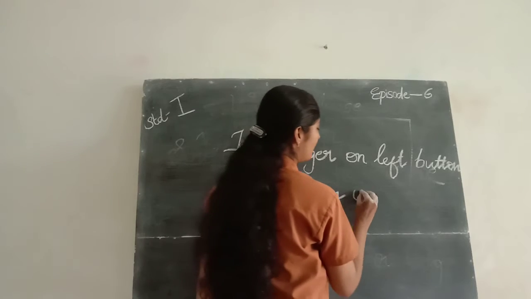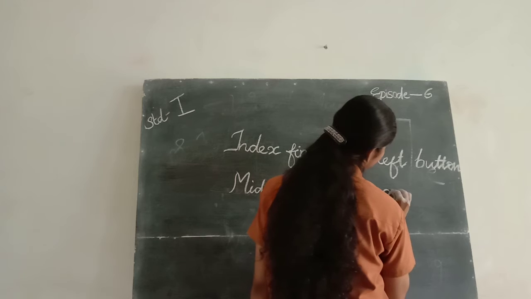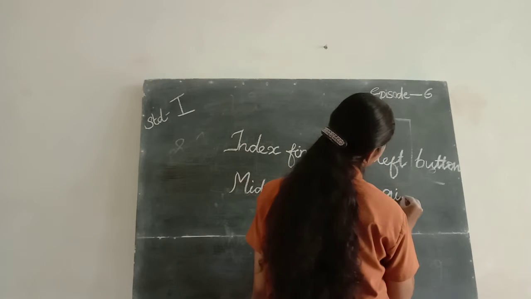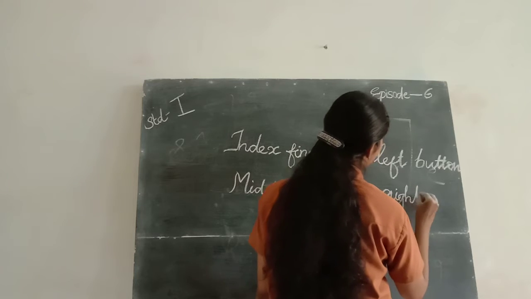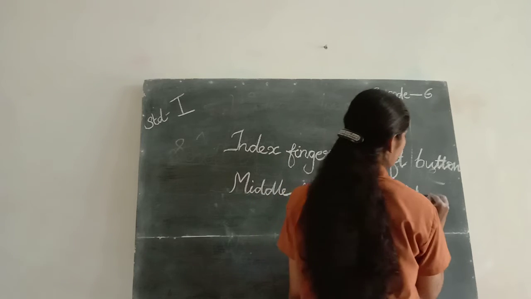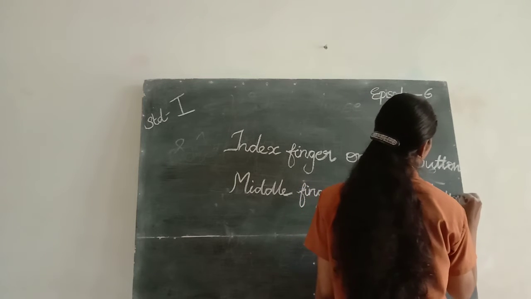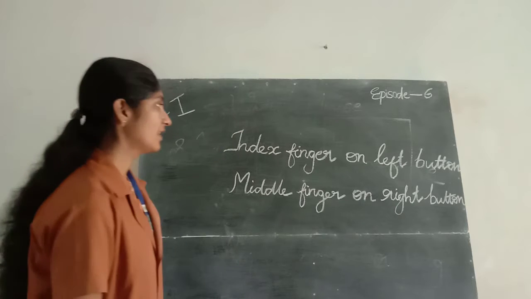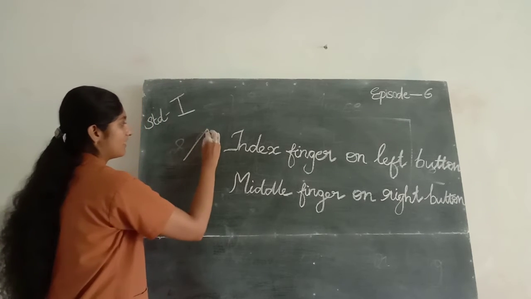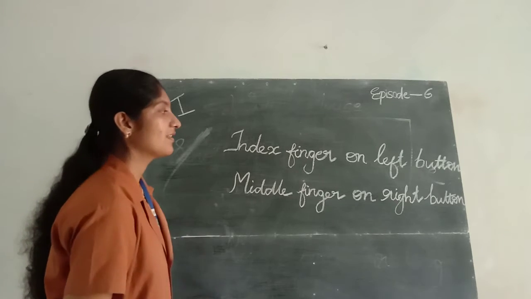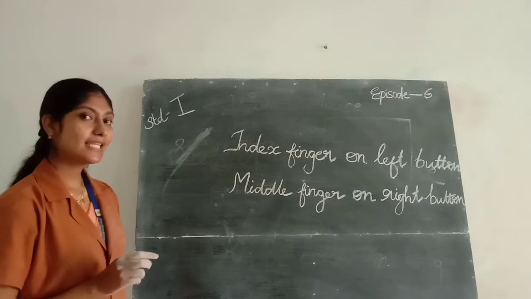Middle finger on right button. R-I-G-H-T, right button. B-U-T-T-O-N, button. So index means our index finger. Index finger on left button, middle finger on right button.